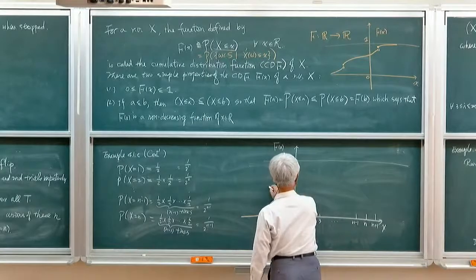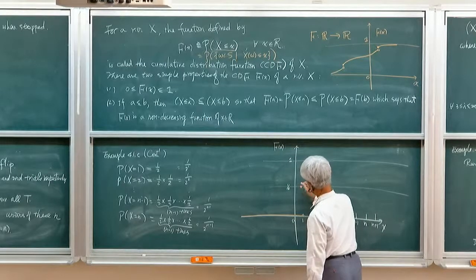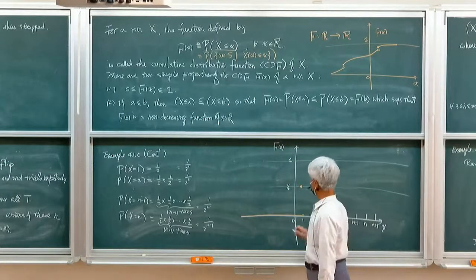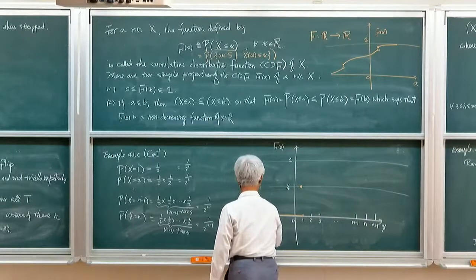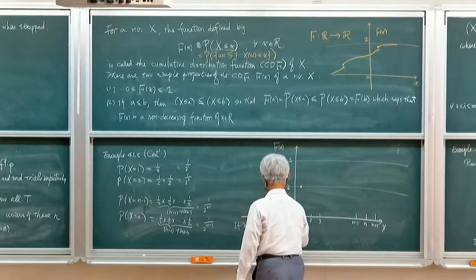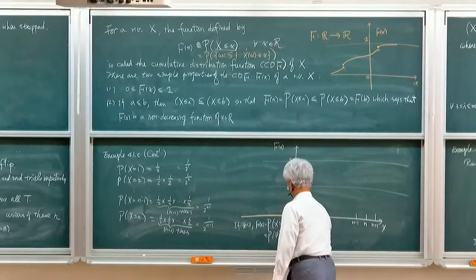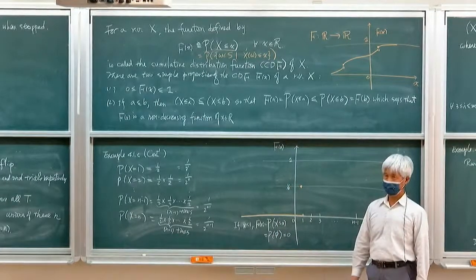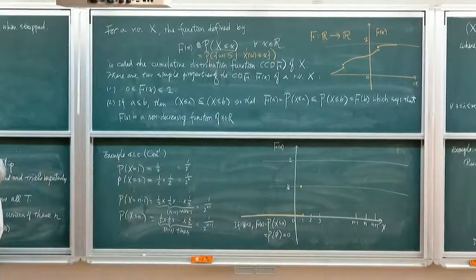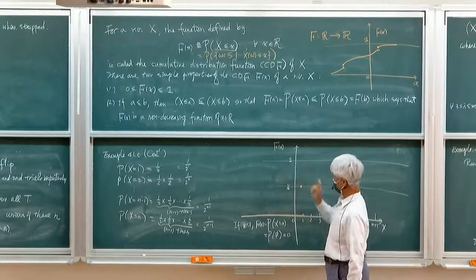If x is less than 1, F of x, which is equal to the probability of X less than or equal to x, is the probability of the empty set, which is 0, because the possible values of X are 1, 2, up to n. So for x less than 1, the CDF value will be all 0.